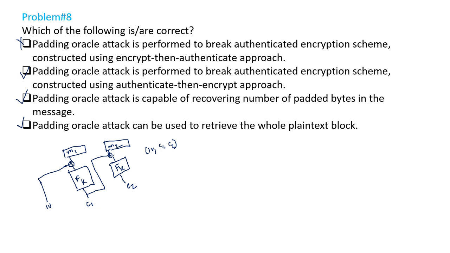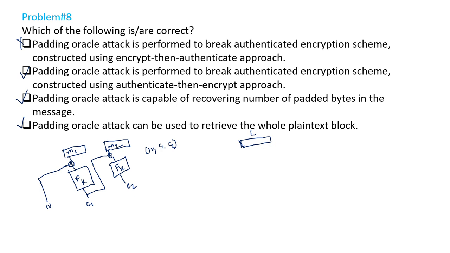Now in the padding oracle attack, for that we need the padding. So how is the padding done? Let's say we consider L bit blocks. Let's talk in bytes. So let's say each of the blocks has length L bytes.